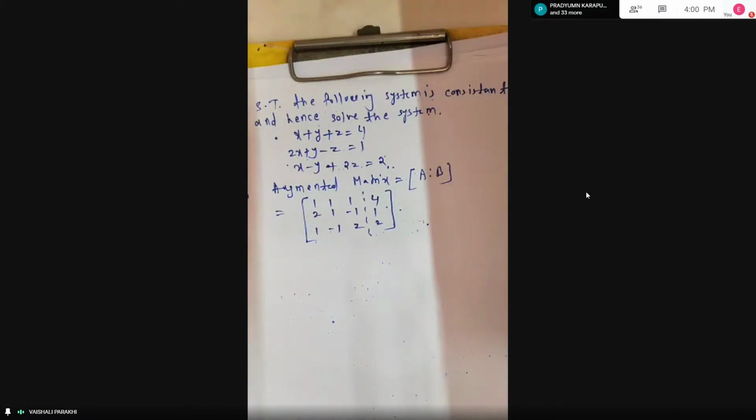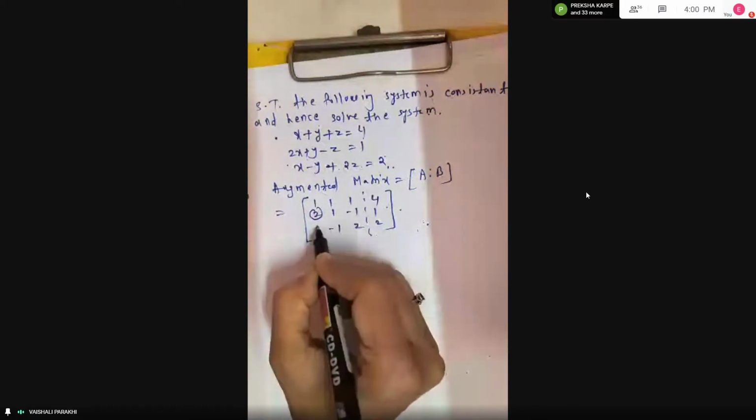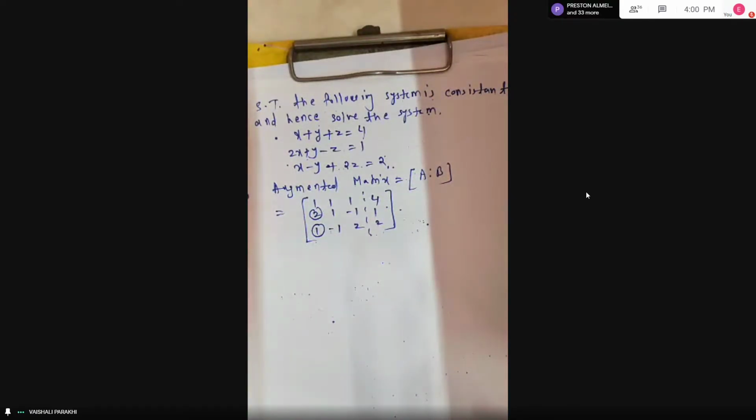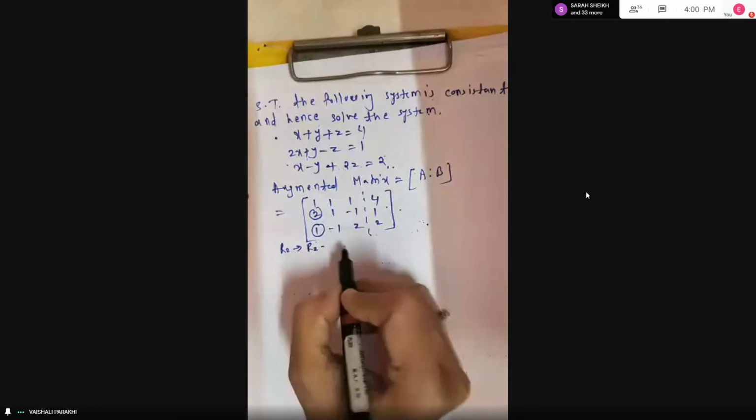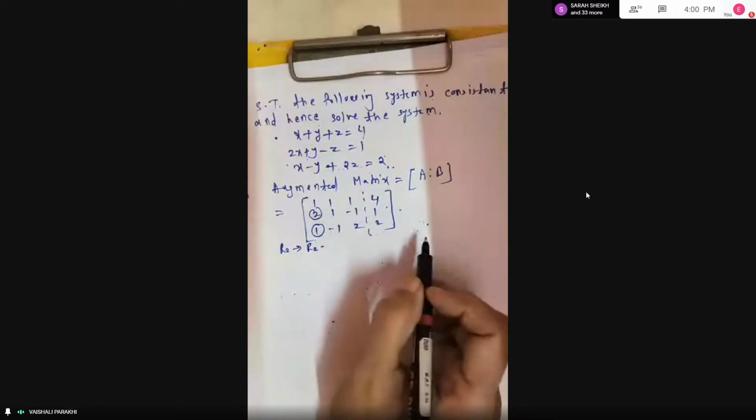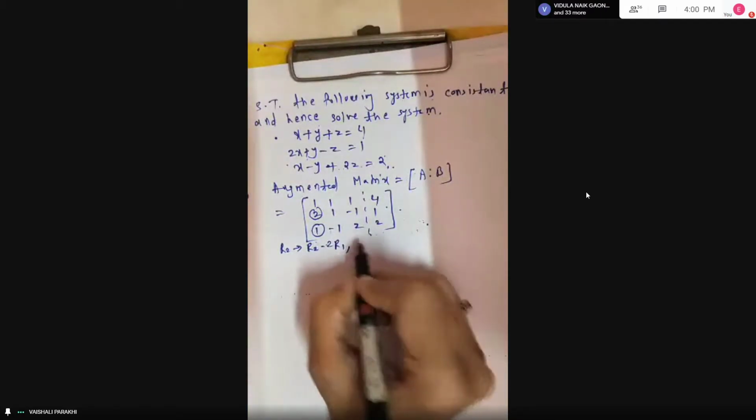Now you need to convert it to the echelon form to find the ranks. So these are your target elements, because in the beginning of every row you should get 0 other than the first element, right? So now Manisha will tell me the transformation. What are the transformations, Manisha, we have to do in this step? R2 changes to R2 minus 2R1.